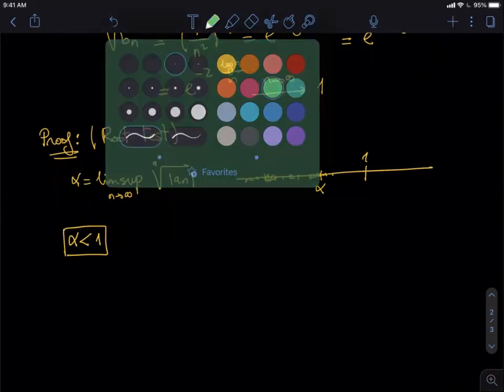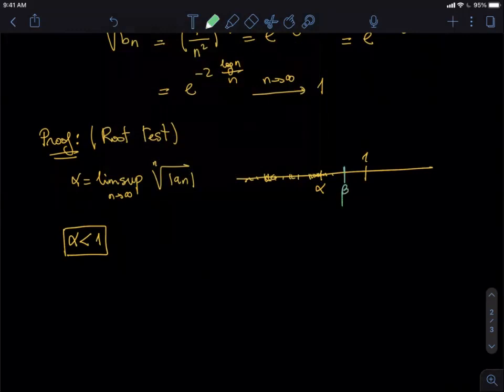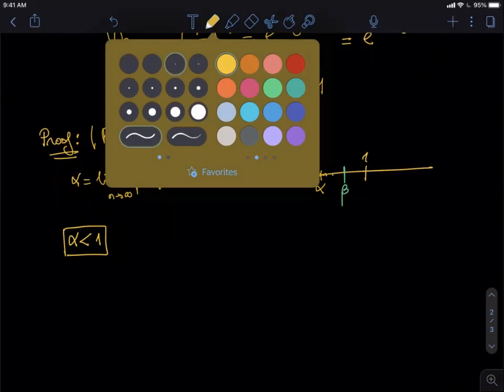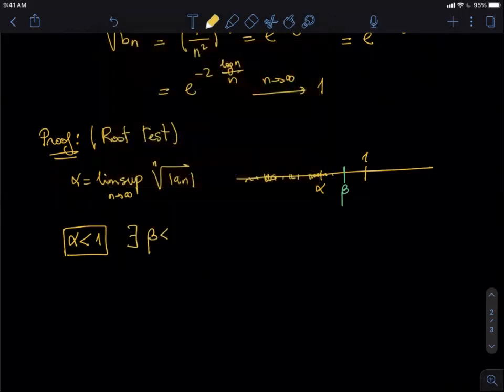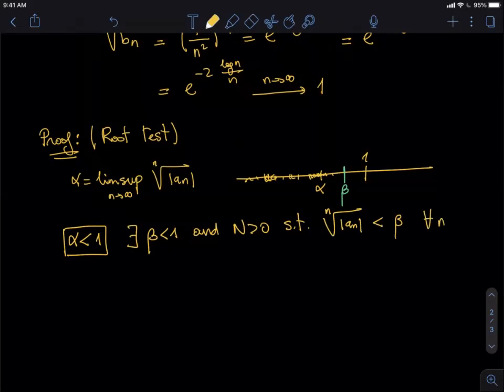So what we find is that there must exist some number beta less than 1 and some number capital N bigger than 0 such that the nth root of the absolute value of an is less than beta for all n bigger or equal than capital N. Okay, this is by the definition of lim sup.